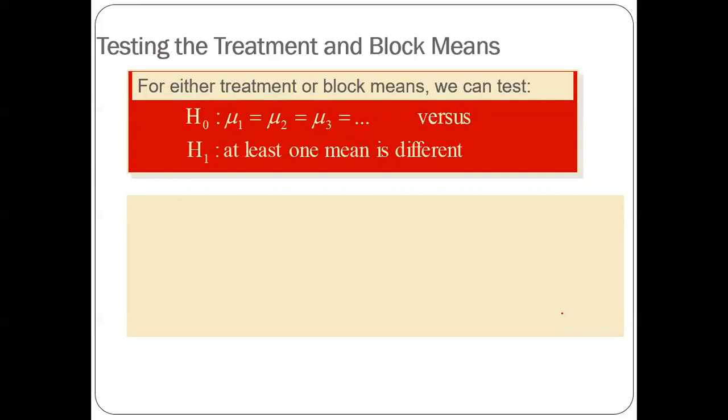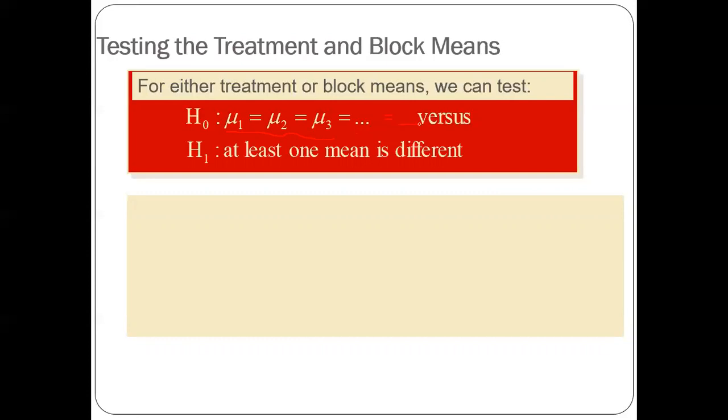The null hypothesis is that the mean mu1 equals mu2 equals mu3, until the last mu. If there are many mu, you can state only the first 3 mu, then put dot dot dot, and then equal to the last mu.